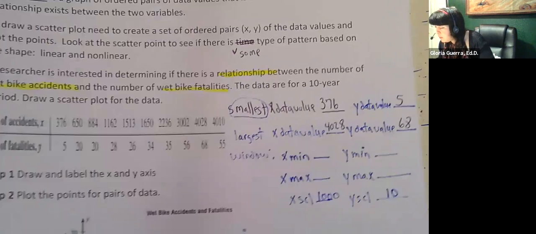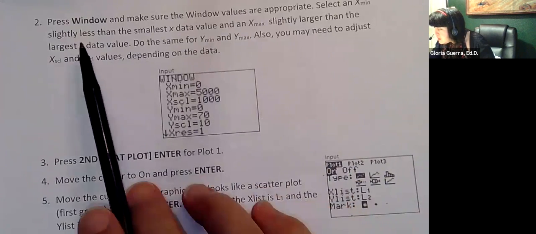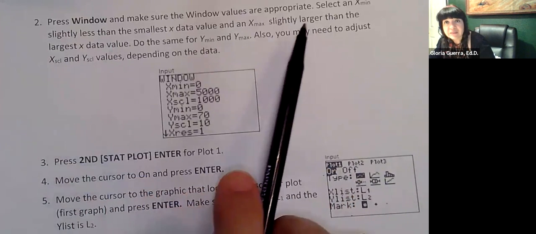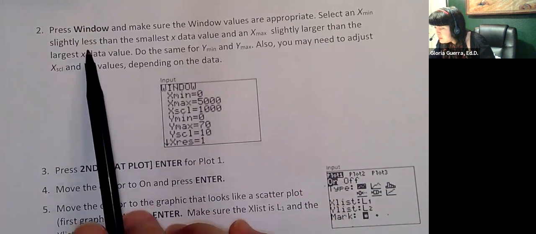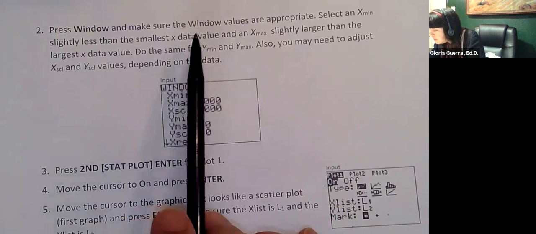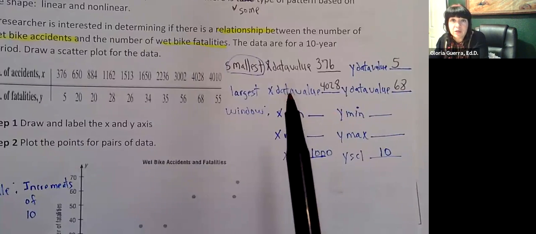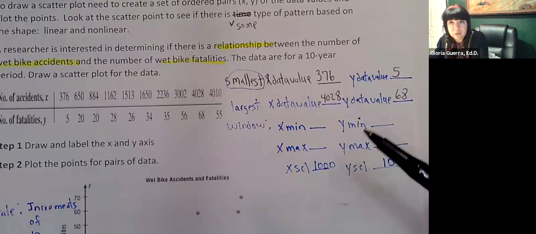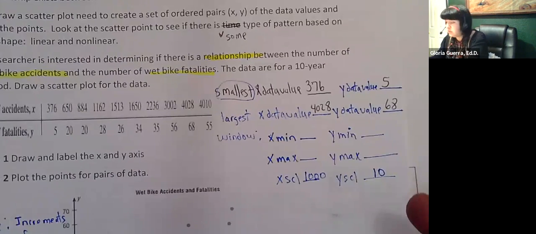They were saying that when you select an X min, select an X min slightly less than the smallest X data value. So the smallest X data value was 376. So the X min could actually be 0 here also. 0 is smaller than 376.